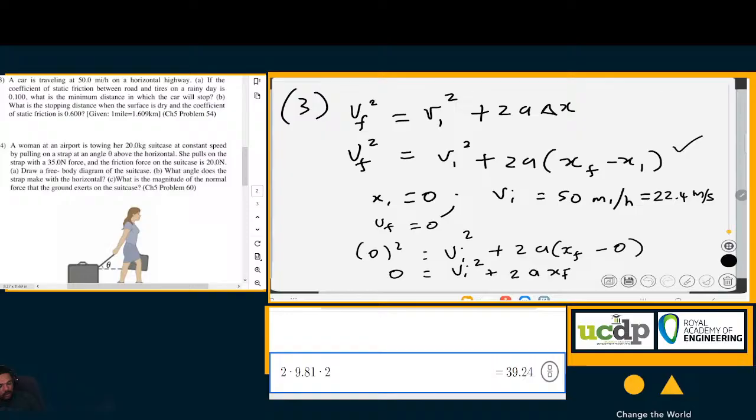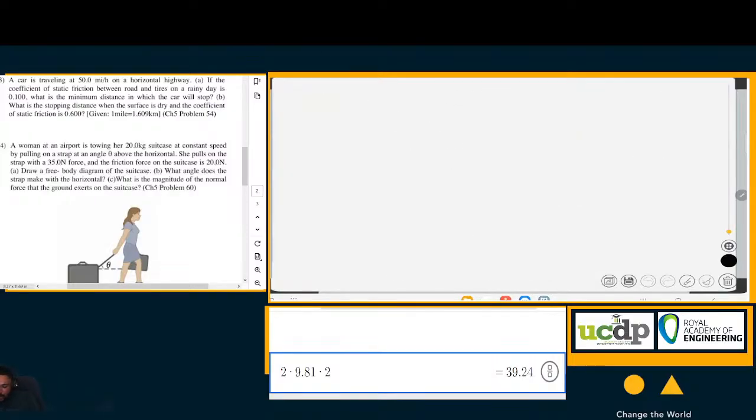Going to the next page, please remember this formula, 2axf. If we go to the next page, we know that acceleration in this case is equal to negative the static coefficient of friction times g.